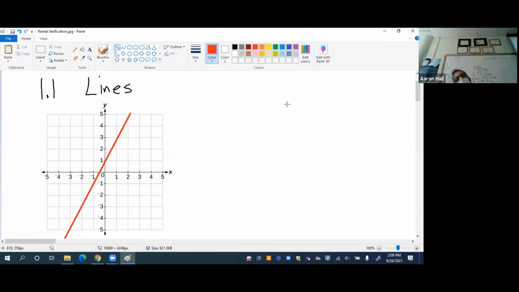What are the different ways of writing an equation for this line? All right, y equals mx plus b. That would be one way. This is called slope-intercept form.